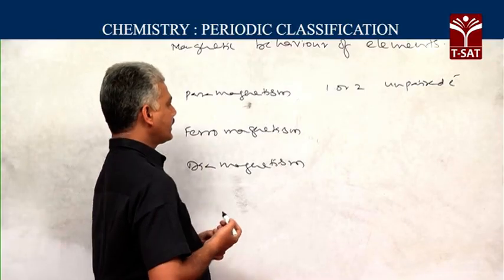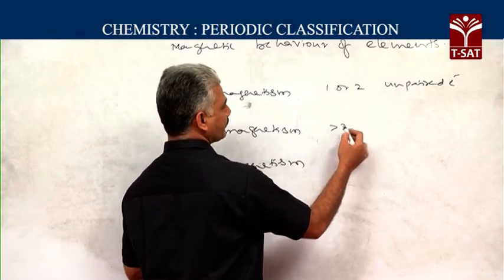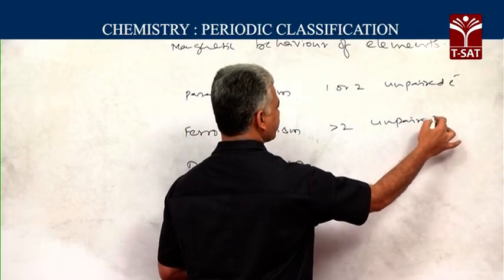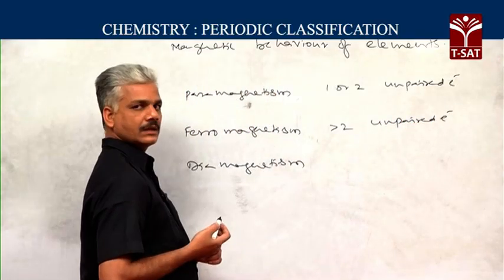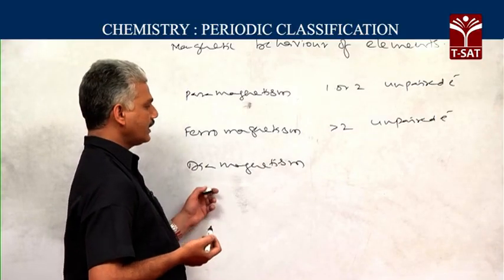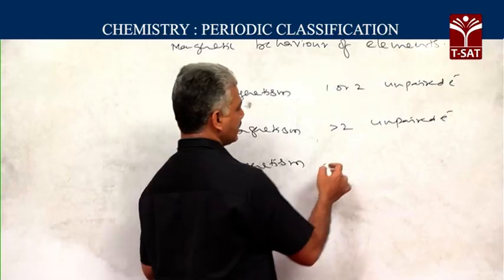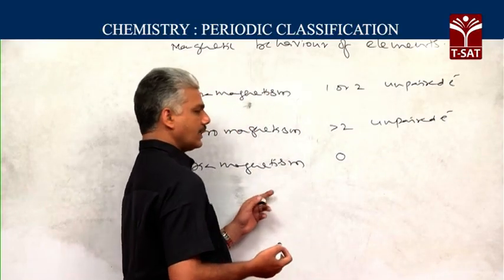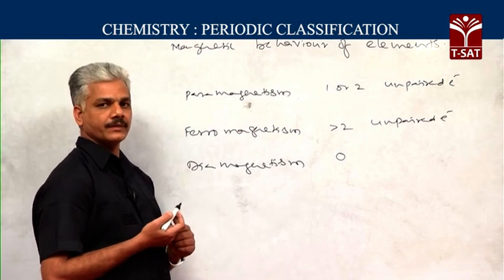When the number of unpaired electrons exceeds 2, more than 2 unpaired electrons, then that element will show ferromagnetic character. If the number of unpaired electrons in any element is equal to 0, then it will show diamagnetic property.